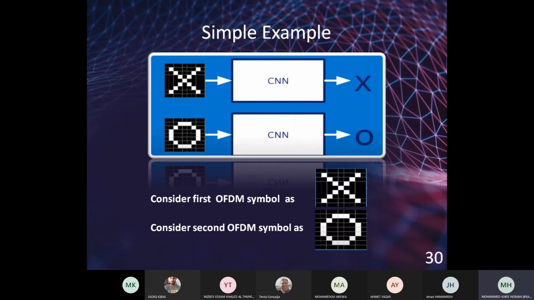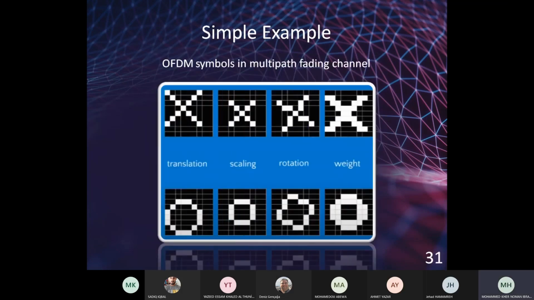Here's a friendly example about a CNN. I take it from image processing to make the explanation easier. If we assume that there are two symbols, one X and one O, X is not the same every time.